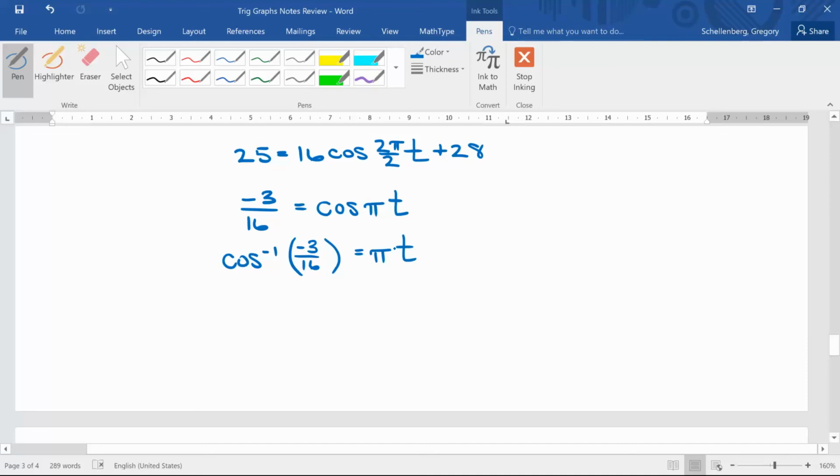And from here, we can divide both sides by pi. t is then going to be equal to the inverse cosine of negative 3 over 16, all divided by pi. And that's a calculator question. Plug that in, making sure you're in radian mode. You should end up with t is equal to 0.56 seconds.